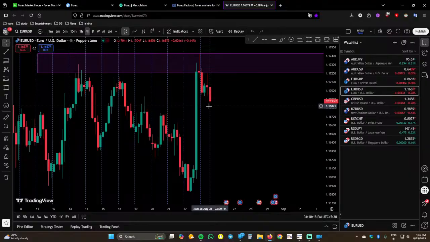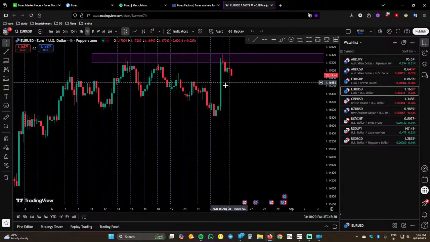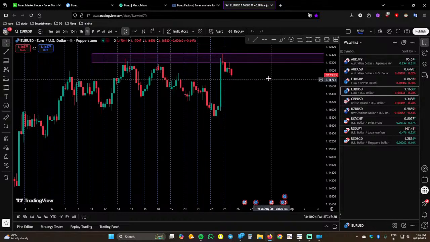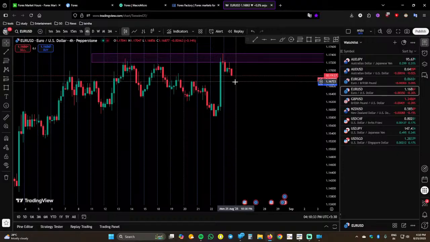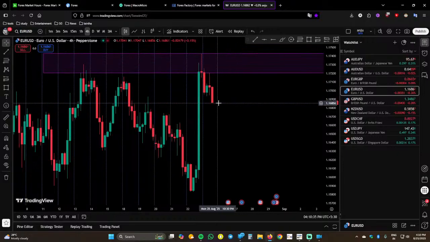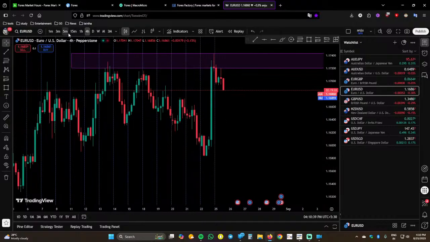What we can see during the New York Open is the dollar is stronger, so that would mean the euro is weaker. So we might see this falling much more today.